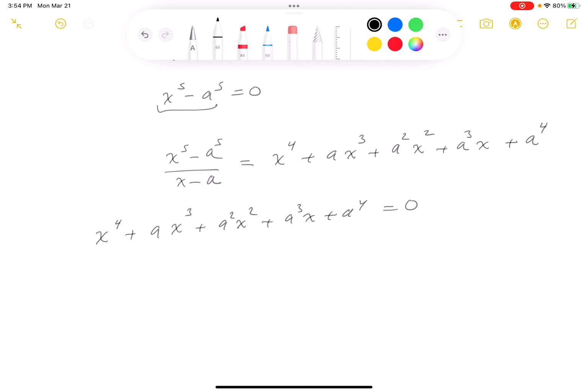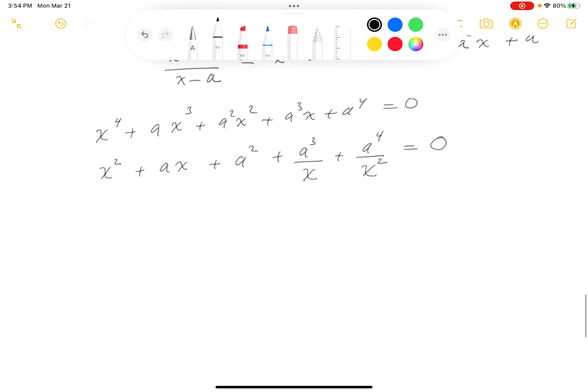What do you get? X^2. X is definitely not 0, by the way. Plus ax plus a^2 plus a^3 over x plus a^4 over x^2. And 0 divided by x^2 is just 0.